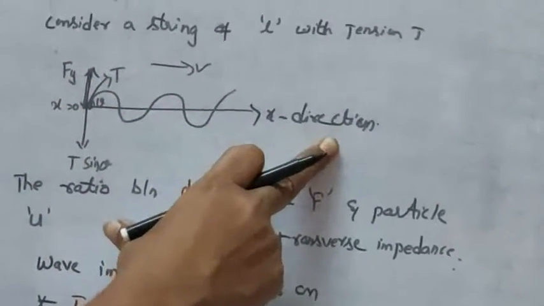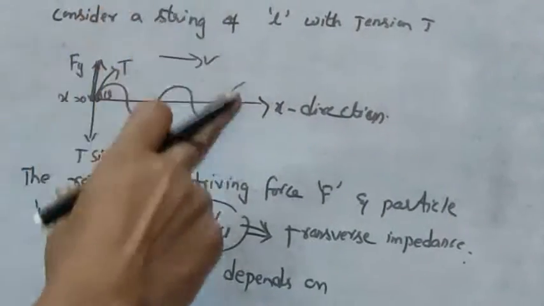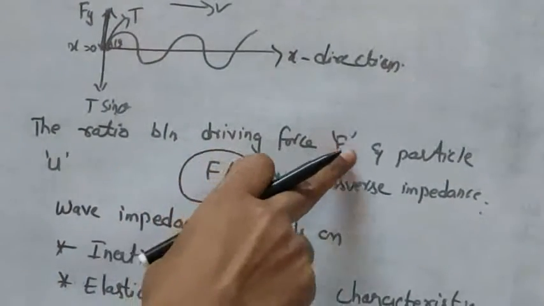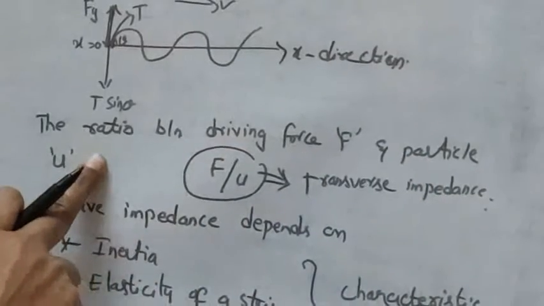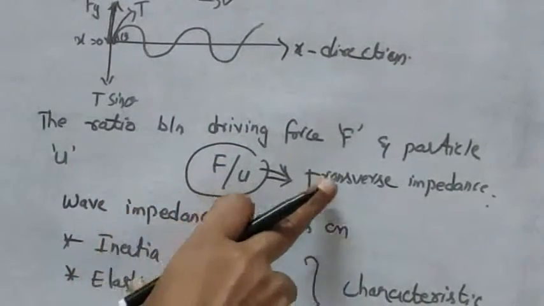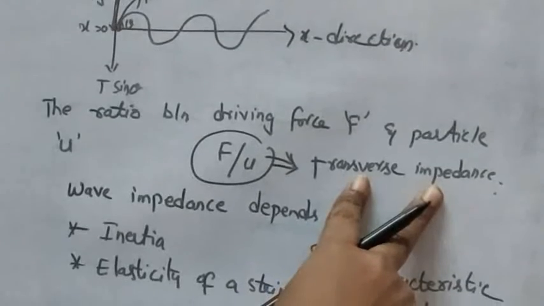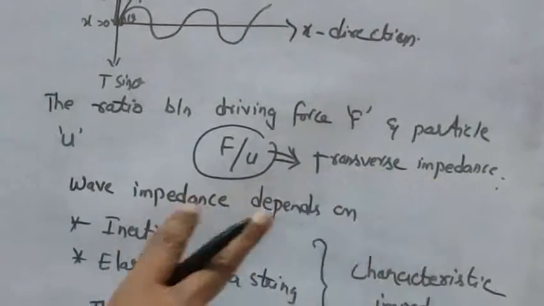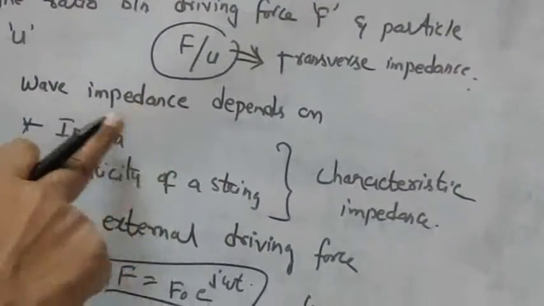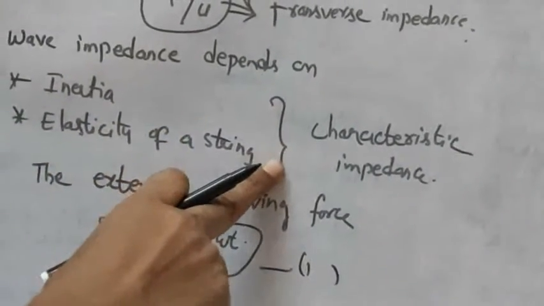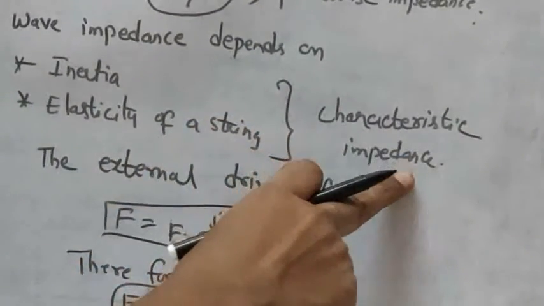The transverse impedance is defined as the ratio between driving force F and particle velocity u, so F by u is equal to the transverse impedance. This wave impedance depends upon mechanical properties such as inertia and elasticity, so we call it the characteristic impedance.